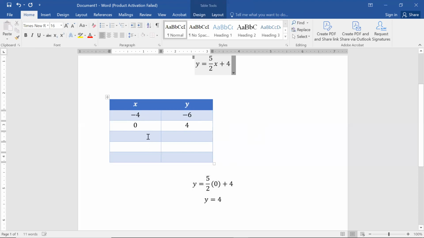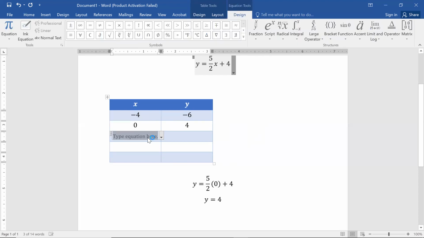By the way, I'm only going to find 5 points this time rather than the 6 points that I found in the last example. Let's plug in a value of, let's say, 1.